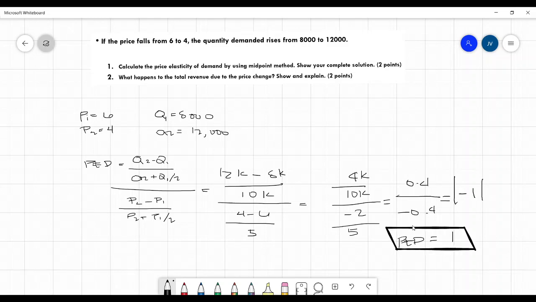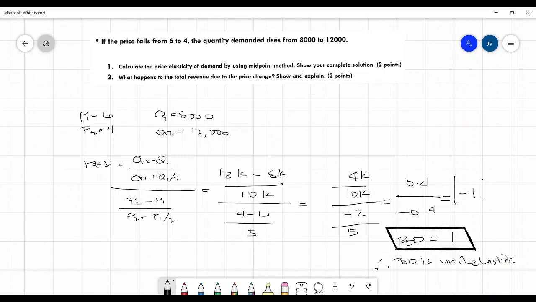So how to interpret? We can say that the price elasticity of demand is unit elastic. Therefore, PED is unit elastic.